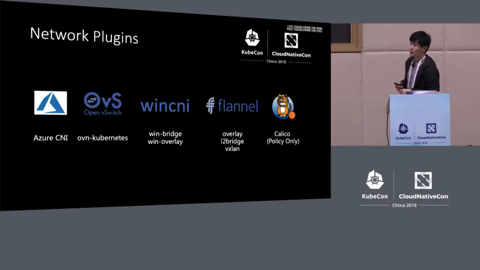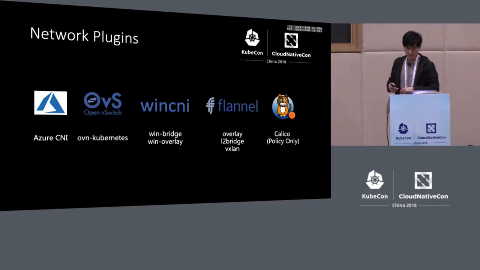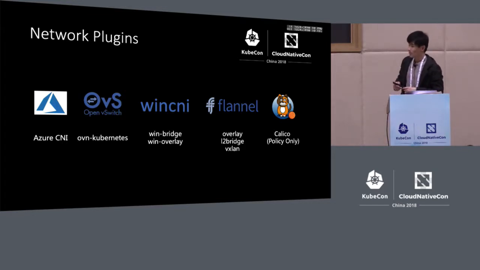When setting up the clustering, the most important thing is to provide the network and storage for the container and all other functionalities. And you see here, this is the network plugin. For the Windows, we can with the CNI use the community and your self-developed network plugins.